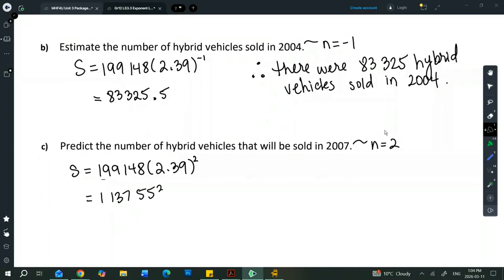Yeah, perfect. And technically it's like 0.29, but of course, again, we know that we can't sell 0.3 of a vehicle.